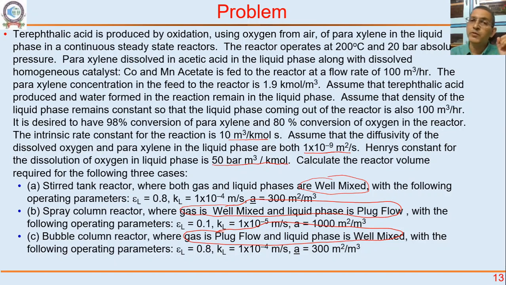You see all those things. You go back to first lecture and see what are the characteristics required. All those things have to be specified now. Only then we can design a reactor. See, now the cycle is getting complete. We are completely back into the first lecture where we have to simplify and where we have to state all these characteristics. But now we are doing this for heterogeneous reaction. Reaction is between oxygen from air and paraxylene in the liquid phase.